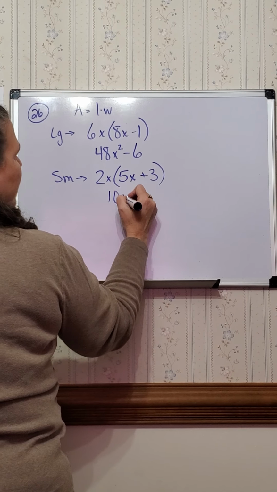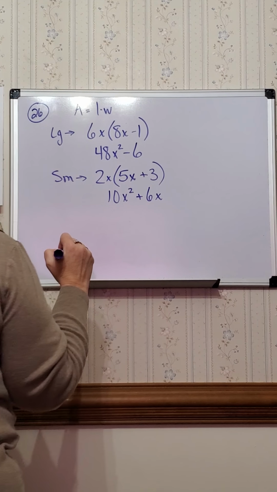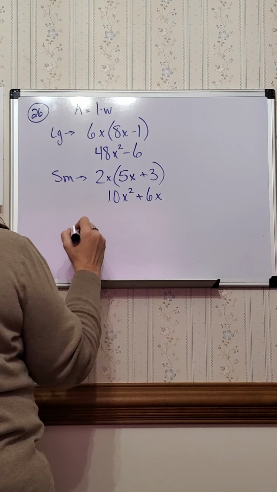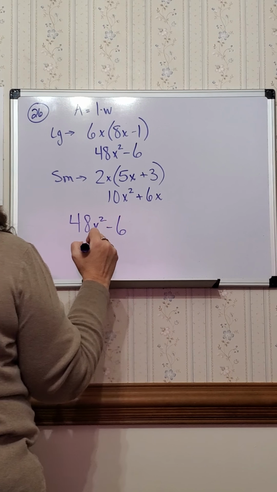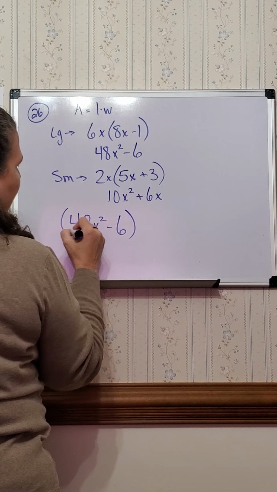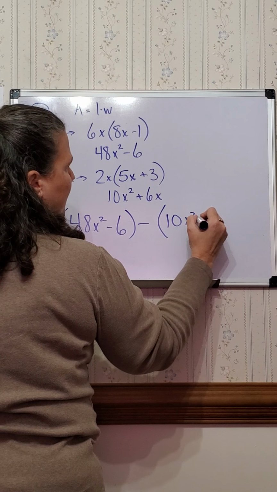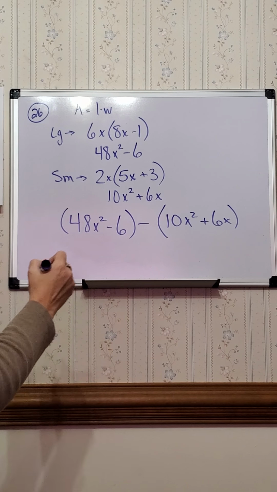That's going to give me 10x squared plus 6x. So now to find the area of the shaded region, I'm going to take this large one, which is 48x squared minus 6, and I am going to subtract that smaller one, which is 10x squared plus 6x.